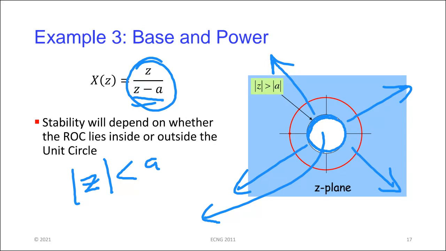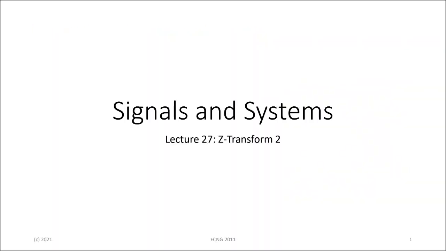All right. So let's take this a little bit further now. All right, just like these slides. Right, so we look at some of the properties of the Z transform here.